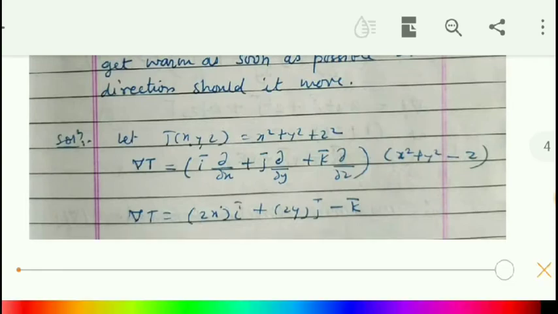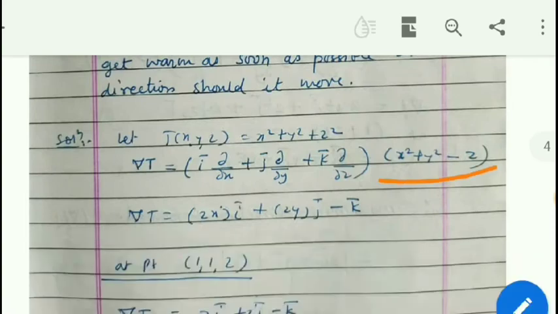Differentiate this function partially with respect to x: it is 2x i. With respect to y it is 2y, and with respect to z it is minus 1, that means k.